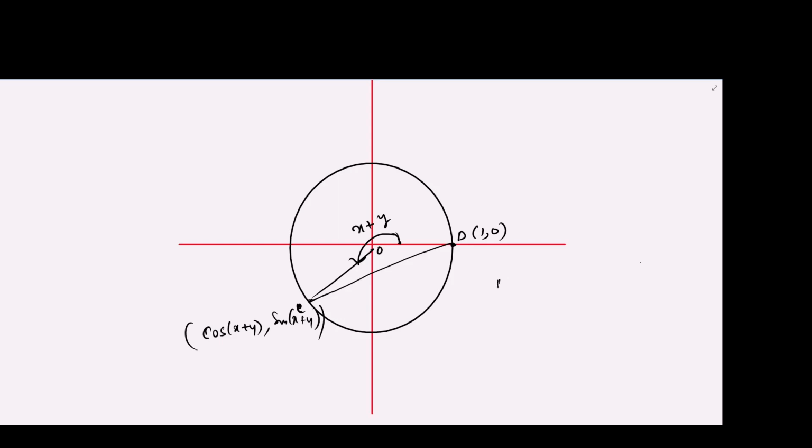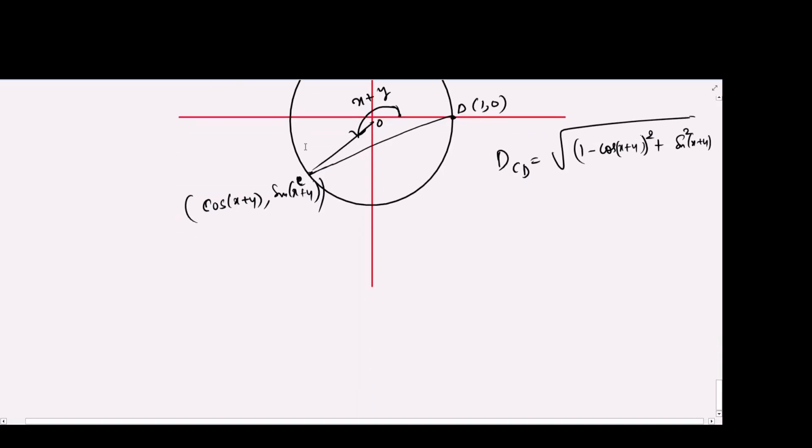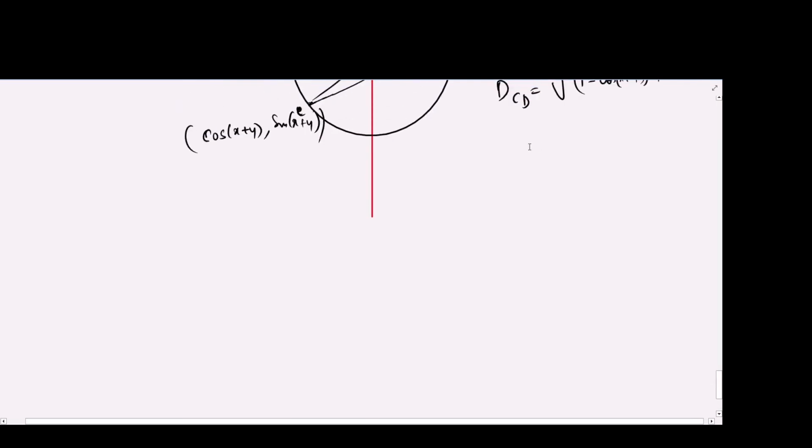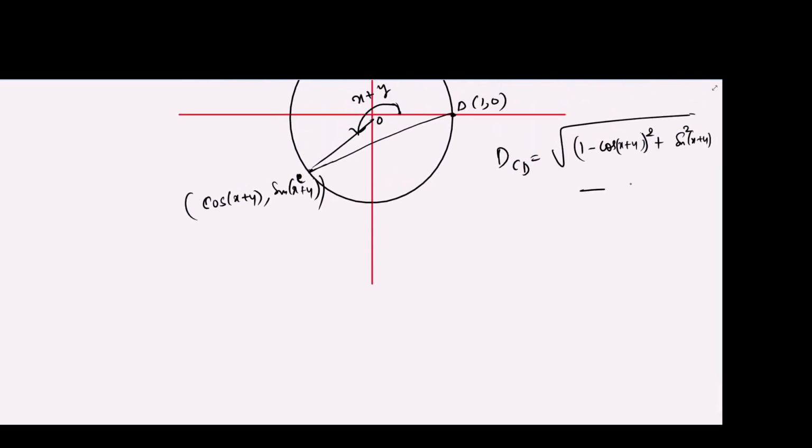So again distance between CD will be 1 minus cos x plus y whole square plus sine x plus y whole square. So this is equation 1. Equation 2.